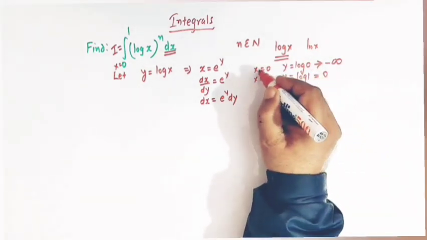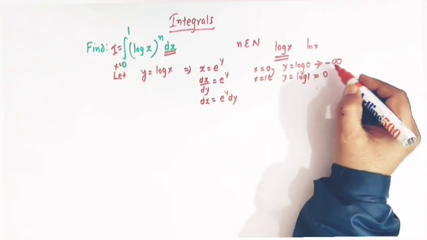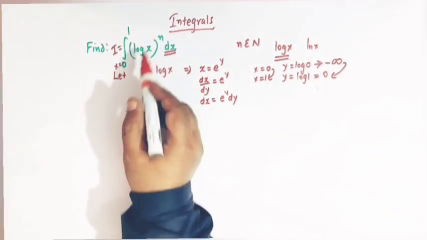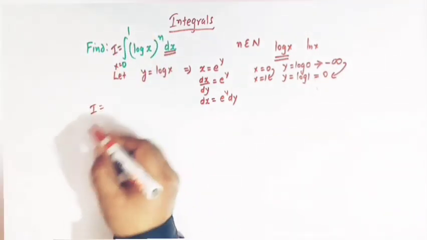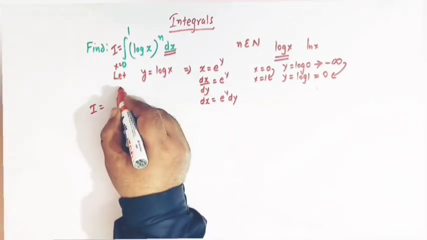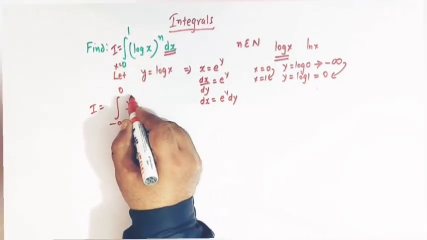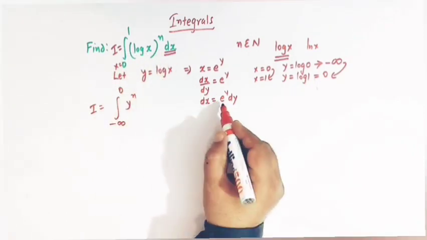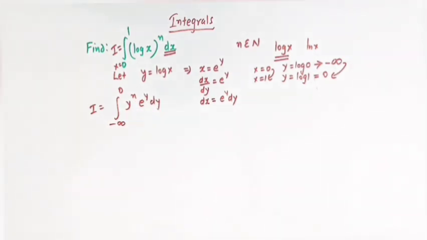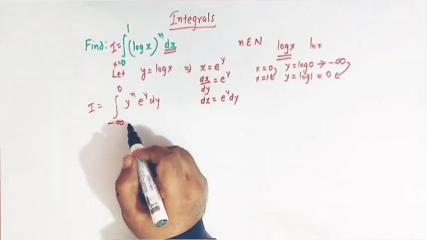So when x goes from 0 to 1, y goes from minus infinity to 0. Now we can write this integral I in terms of y as the integral from minus infinity to 0 of y raised to n times e raised to y dy.